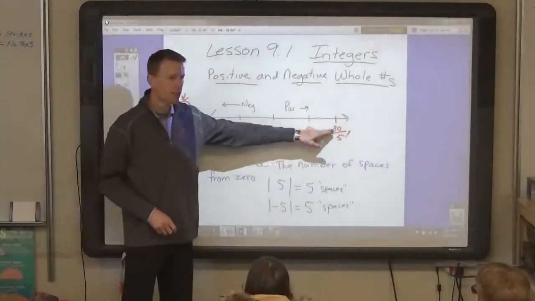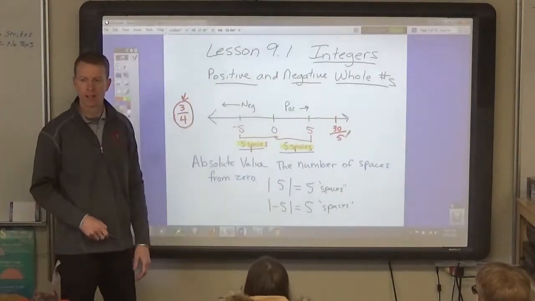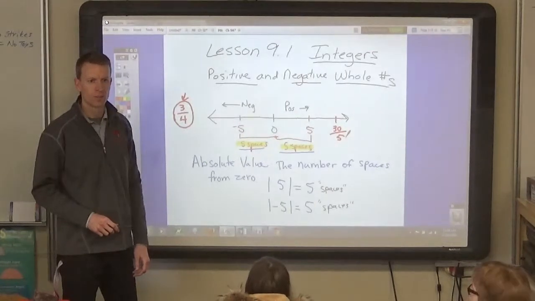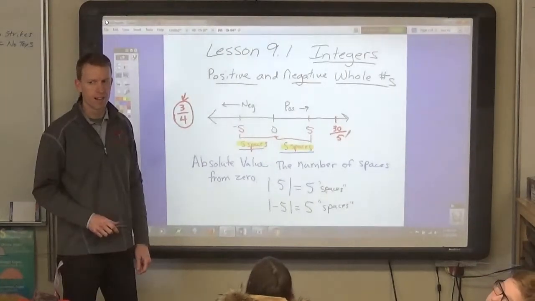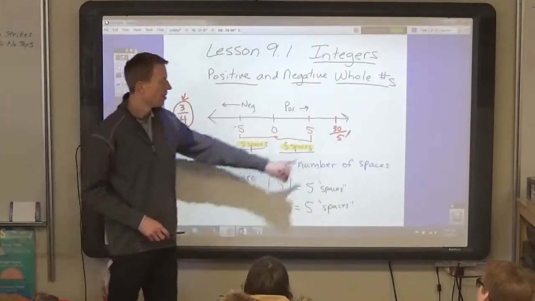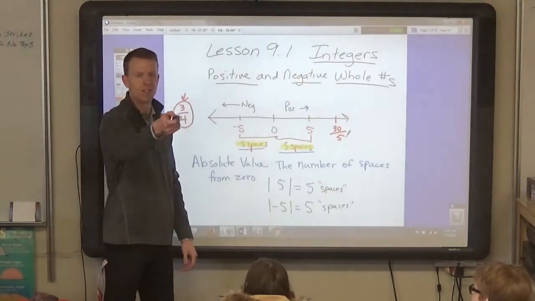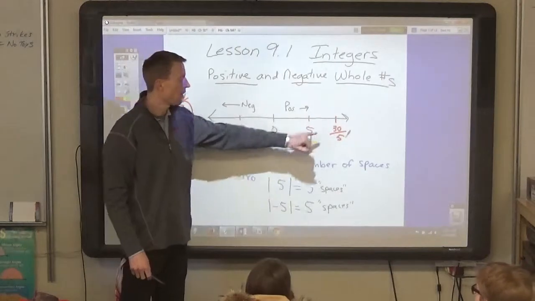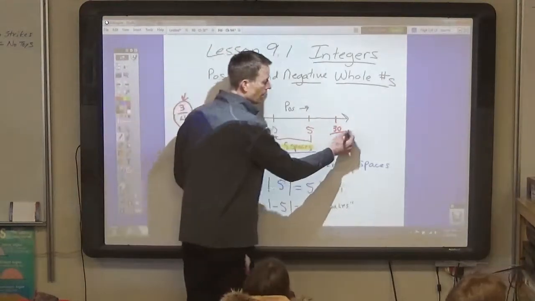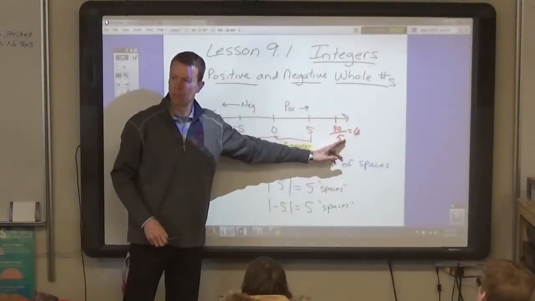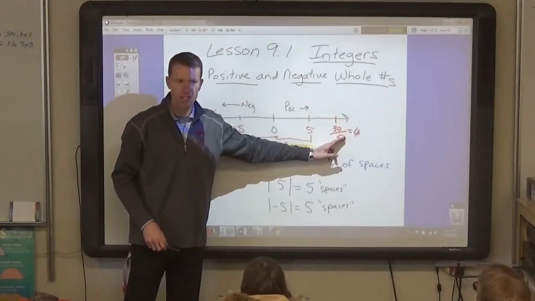Is this an integer? Yeah. Why? Because what does it equal? No, this equals 6. 30 divided by 5 is 6. So if the fraction equals a whole number, then it's an integer.